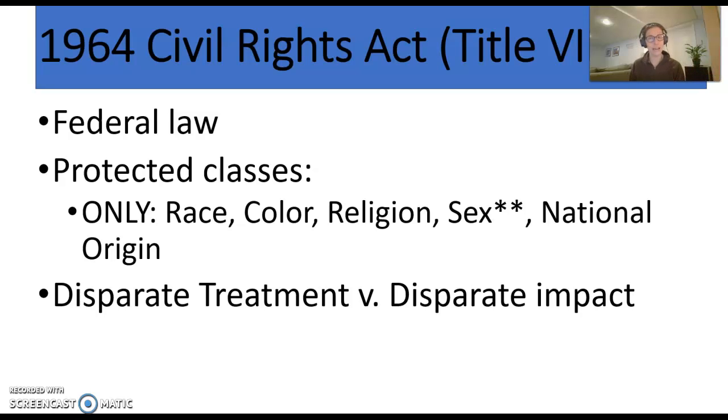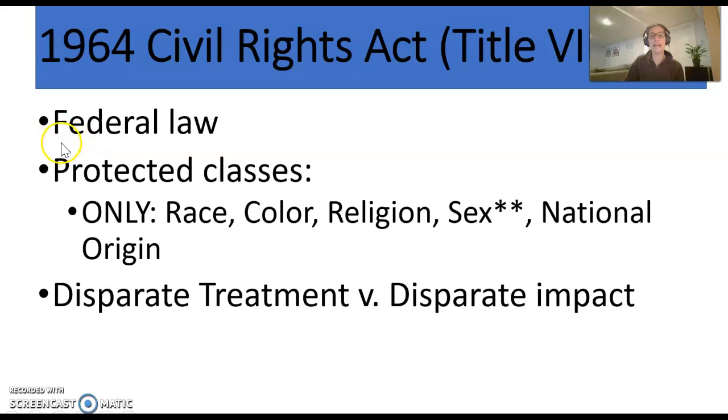Whereas disparate impact is a neutral policy put into place, so it does not appear to be discriminatory, but it disproportionately impacts one of the protected classes. So if you're doing this, I want to hear more about it. And if not, look at the example in your textbook about a disparate impact policy.